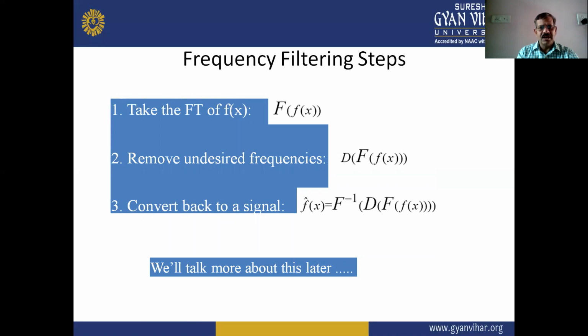And third, convert back to a signal by the inverse transform, so f(x) equals F inverse of D times F times f(x). We will talk more about this in the next topics.